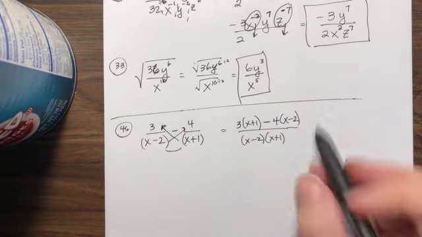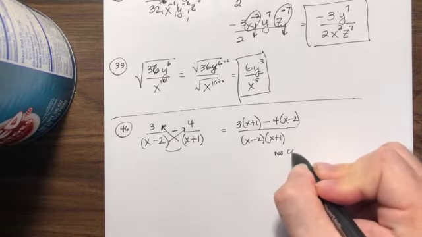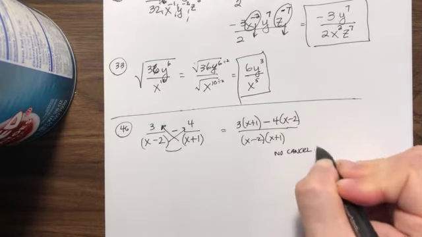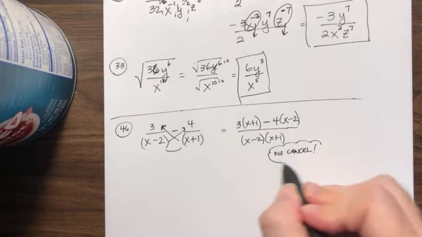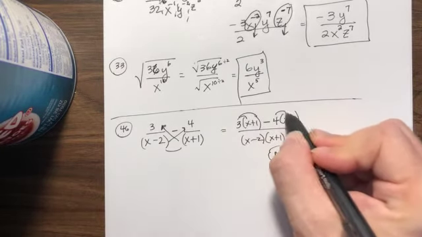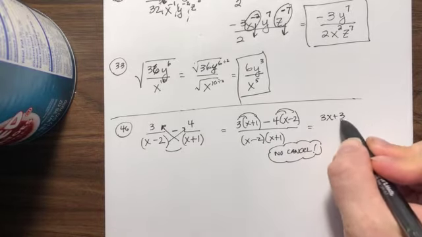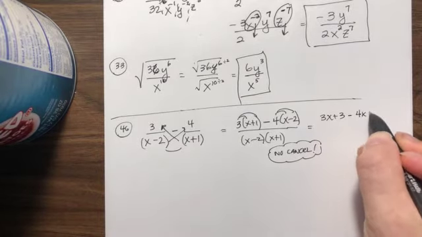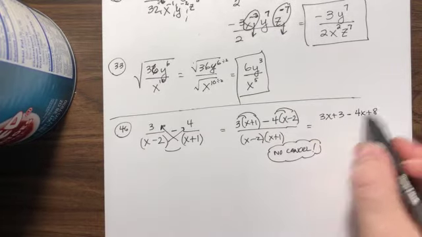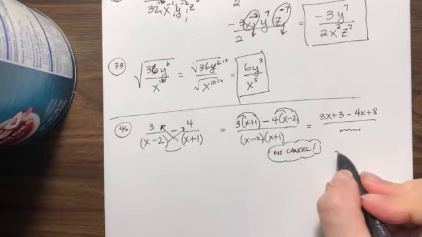Okay. What you don't want to do here is cancel. Do not cancel. Instead, you're going to distribute and combine in the top. So 3x plus 3 minus 4x plus 8, right? Two negatives make a positive, over the denominator.